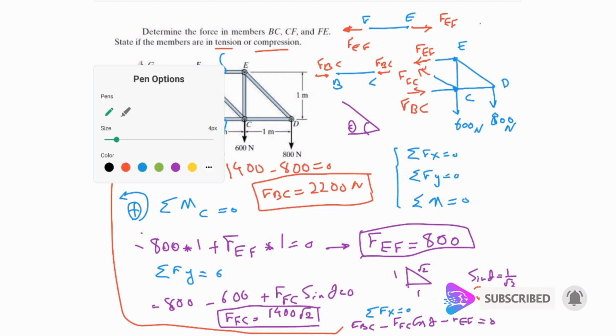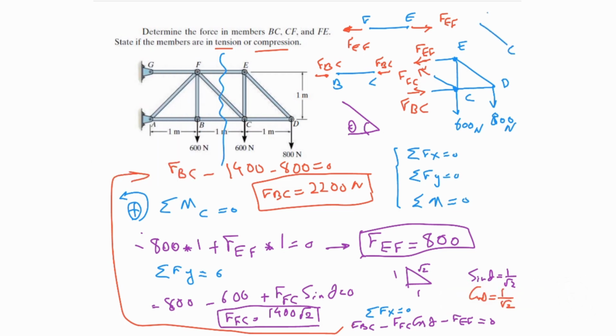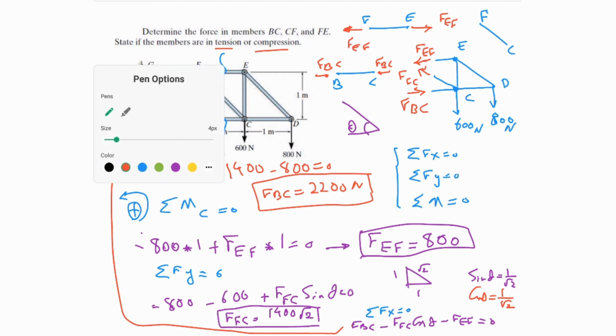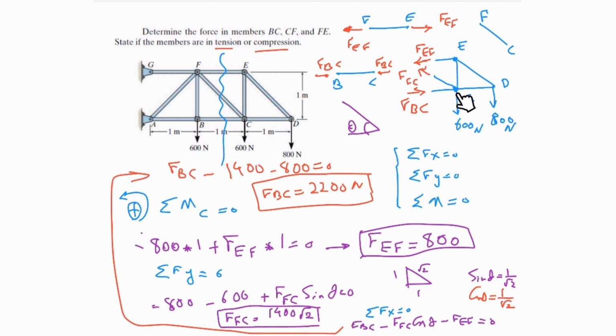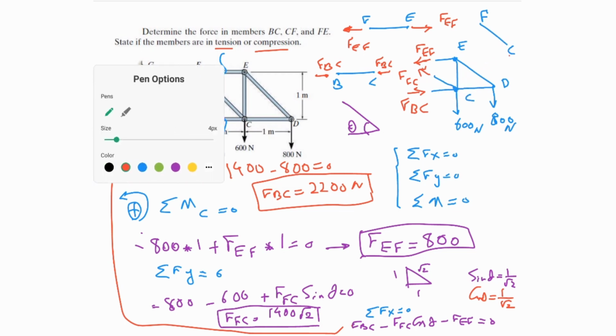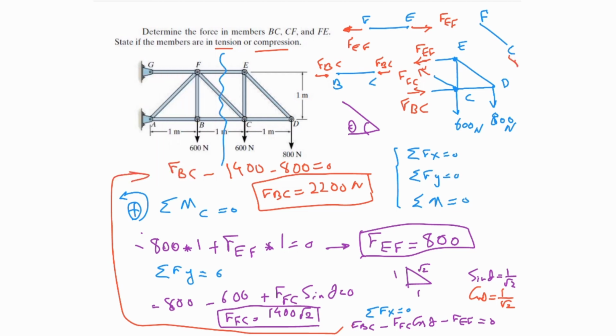This is the way that you do that. Then we consider the free body diagrams like C and F, and look at the forces which are applied on the pin. This is the force which is applied on the pin. The reaction of that would be applied on the link. And you put the reactions with reverse directions, the same magnitude, and this is tension, and this is compression.